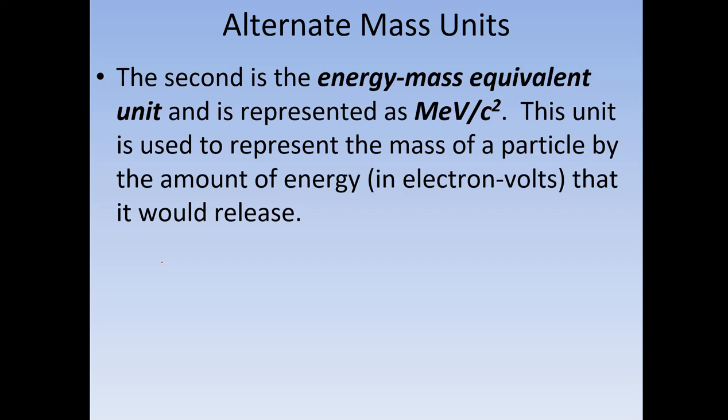The second alternate unit is called the energy mass equivalent unit. On the reference table, you'll see it as MeV per c squared. Essentially, it's telling you how much energy you would get from an annihilation through the E equals mc squared equation. That's actually why the c squared is in here. It's kind of a little bit weird.